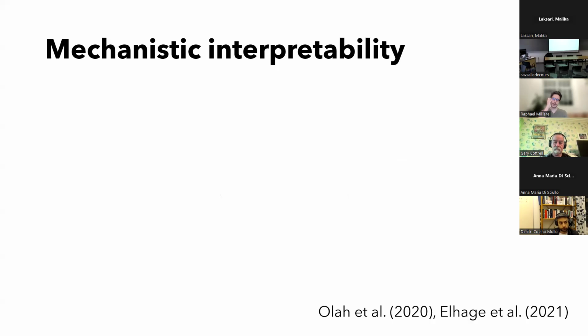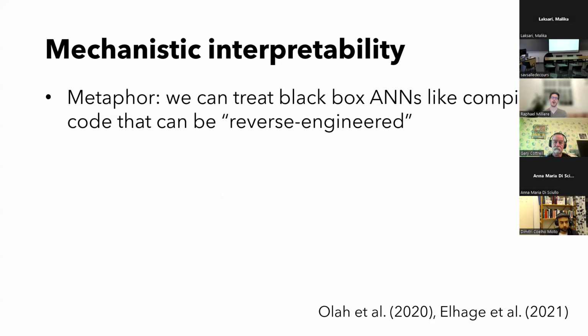So generally, researchers interested in mechanistic interpretability, starting with people like Chris Olah, operate with a kind of guiding metaphor, which is that we can treat black box, quote unquote, neural networks like compiled code that could be reverse engineered. So that's the kind of software engineer guiding metaphor.